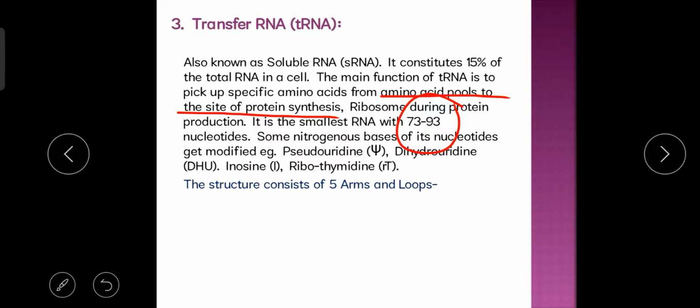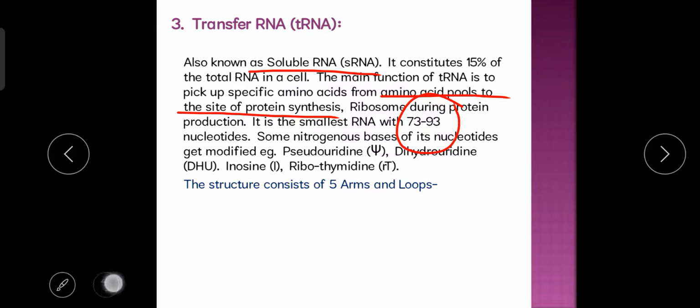That is why this is the smallest RNA, and the tRNAs are also known as the soluble RNA, because these are found dissolved in the cytoplasm.